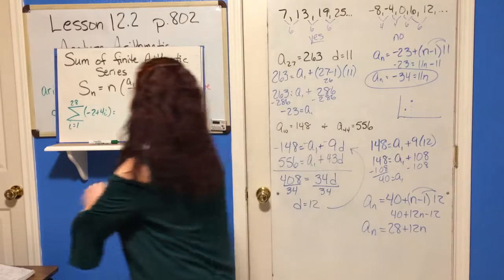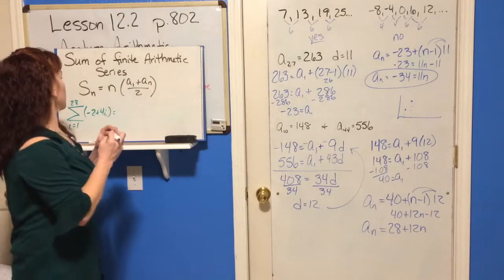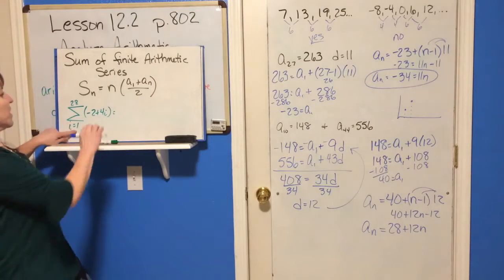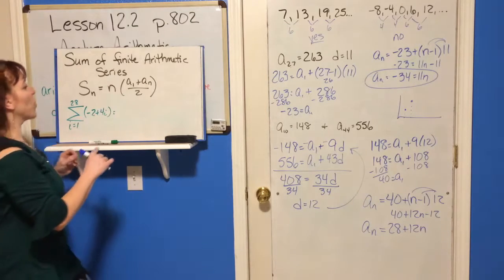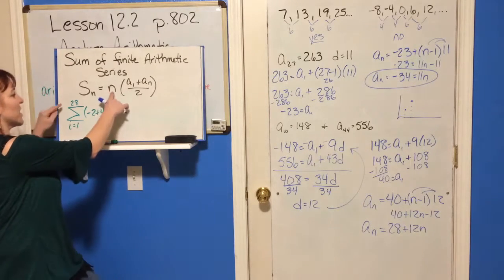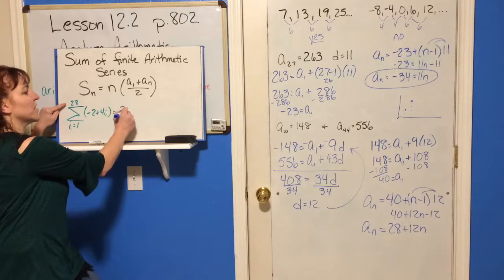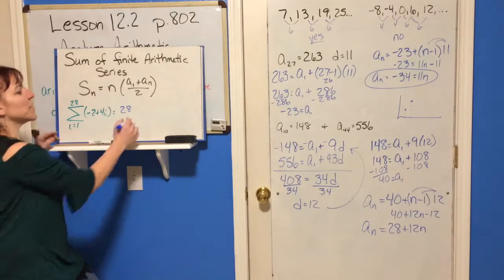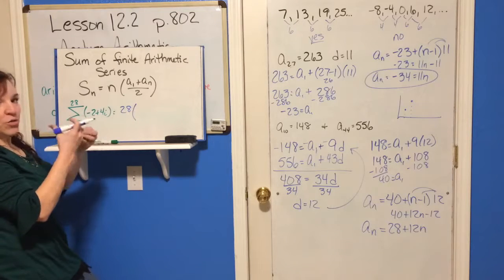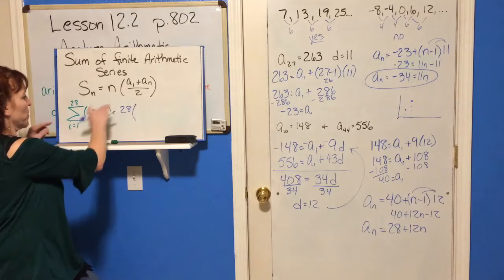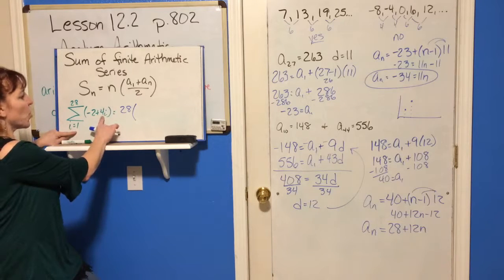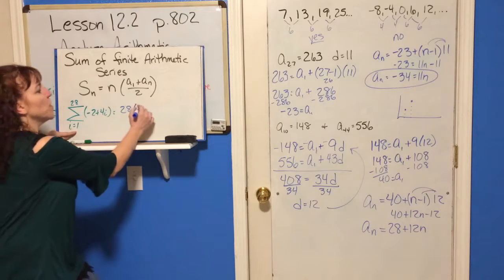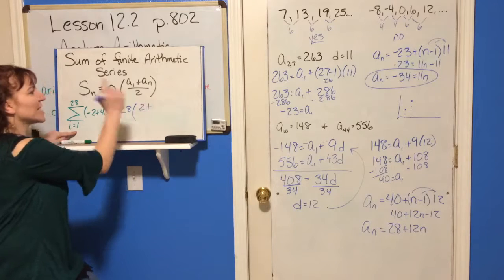Okay, so what you're going to do is this. Instead of taking 1 and then 2 and then 3 and then 4 all the way up to 28, we're going to take the number of terms in our series, which is 28, times the mean of the first term, which is, if I put 1 in here, 1 times 4 is 4, 4 minus 2 is 2, plus the last term.